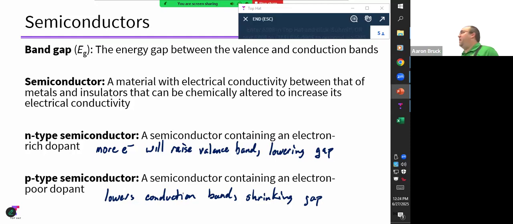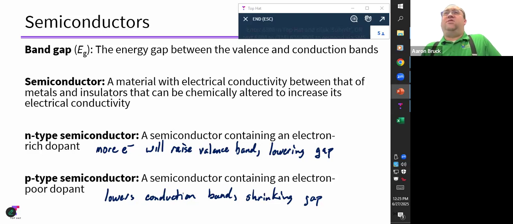So the whole point of doping a semiconductor with some sort of extra substance is to artificially make the band gap smaller. And so if the band gap is already kind of on the smaller side, and we add a dopant to it, it makes the whole thing smaller still, making the increased likelihood of getting electrical conductivity.